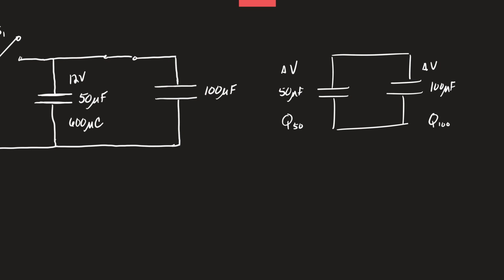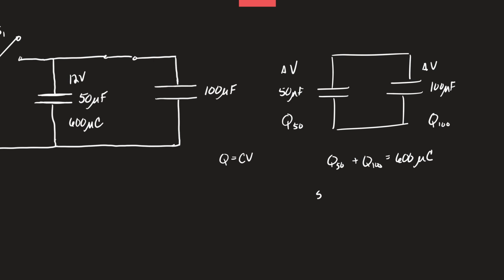All right, so while you guys are thinking about it, I do have a couple people who couldn't get the answer. So let's talk a little bit about what had to be done. Q on the 50 plus Q on the 100 has to equal 600 microcoulombs. There's a finite amount of charge. But Q equals CV. This is also true.